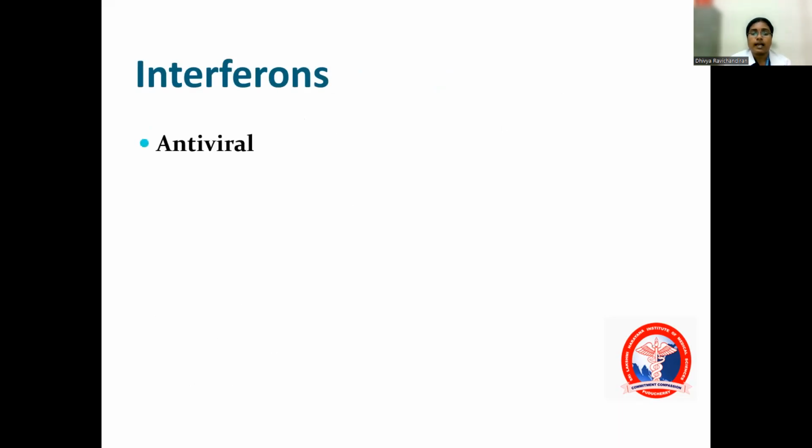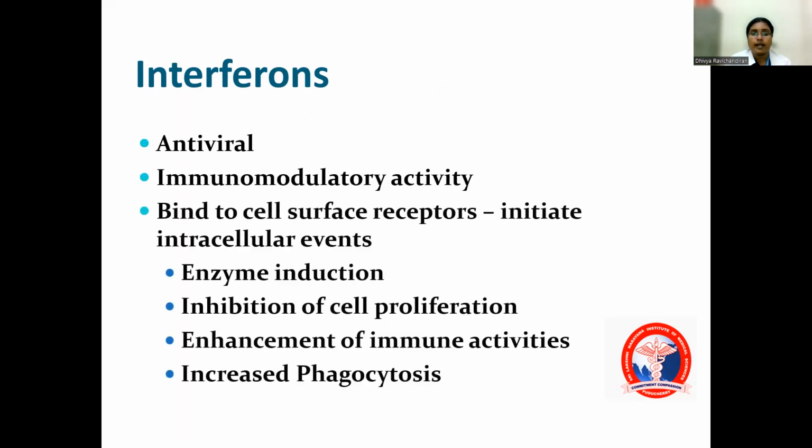Interferons have antiviral and immunomodulatory activity. They bind to cell surface receptors and initiate intracellular events like enzyme induction, inhibition of cell proliferation, enhancement of immune activities, and increased phagocytosis.